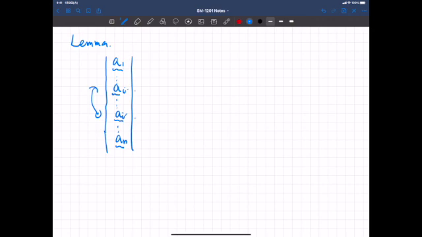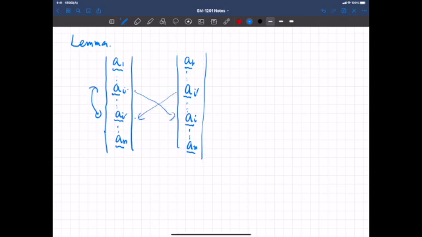So we construct a matrix like this, everything is the same except for this and this. Okay, so this comes here and this comes here.